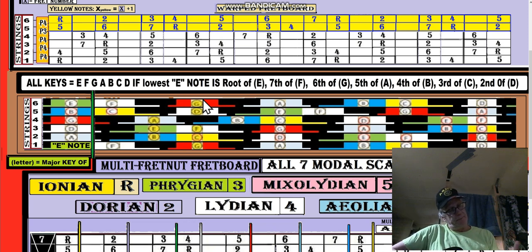So let's talk about, with the cage down here, it changes key.